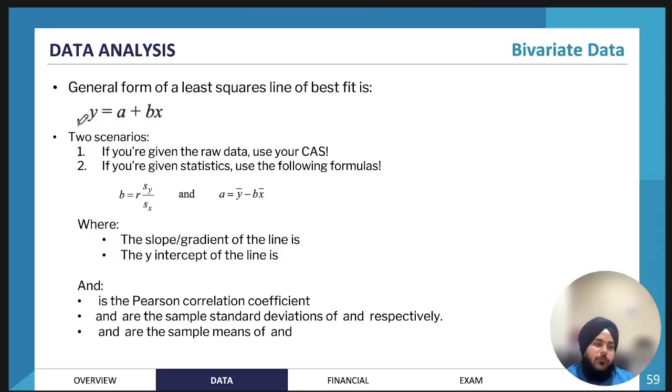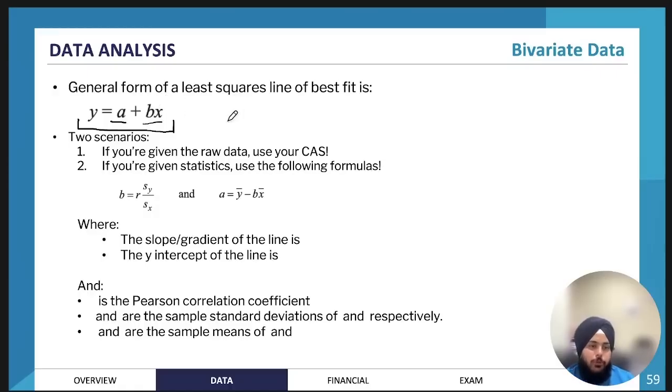It has this form: y = a + bx, where the a value represents the y-intercept and the b value represents the slope. We'll have a look at how we interpret those values, but this is just the general form of a least squares regression line. We will need to find what a and b are in every scenario in order to determine the model.